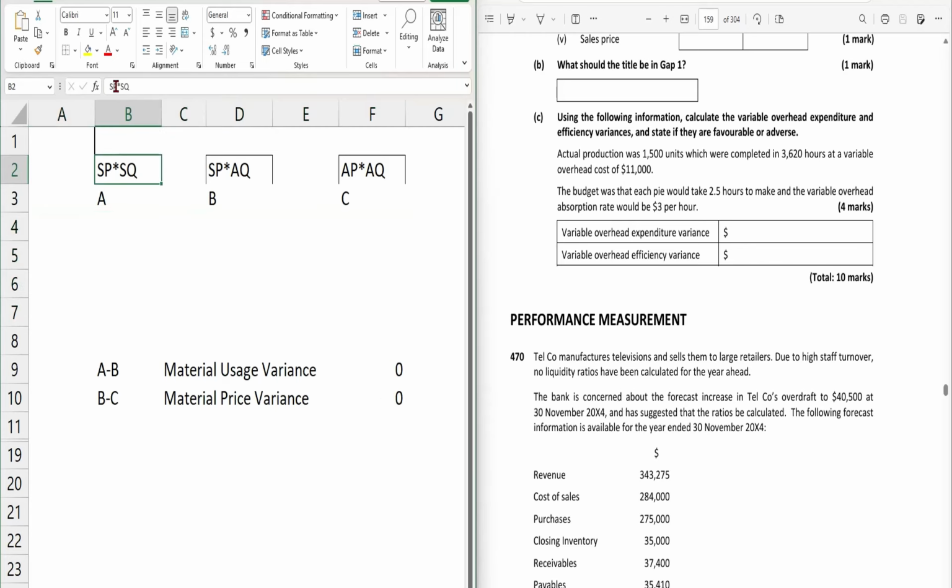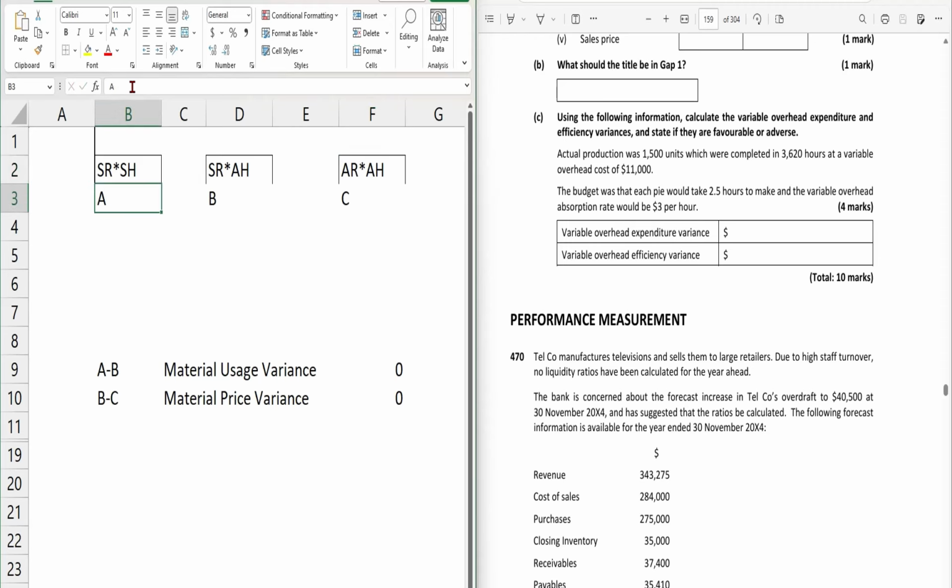Now it will be SR into SH. The concept is the same as we have learned for the material one. Now this will be your SR into AH. Now it will be AR into AH.